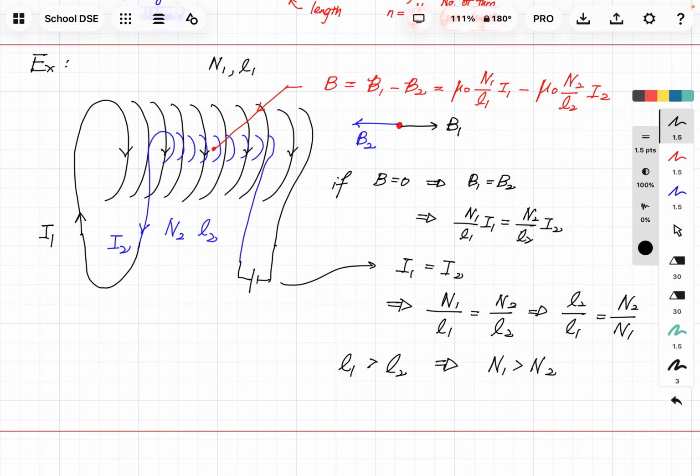Because just recall EM induction. We always say that if the magnetic flux changes with time, then the EMF induced is equal to minus the rate of change of the magnetic flux linkage. So let's say if I is an alternating current, I changes with time.